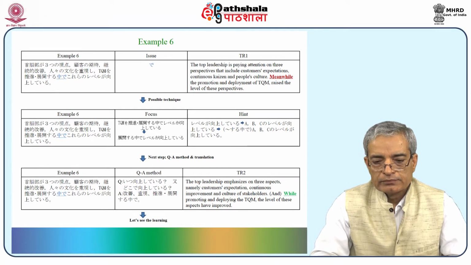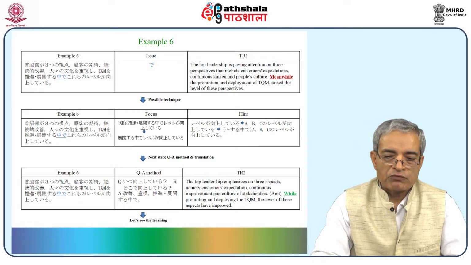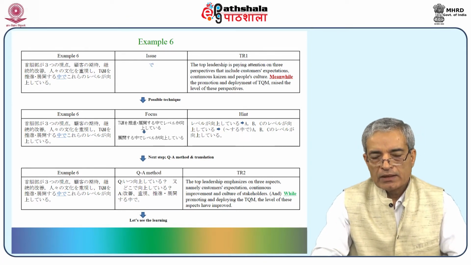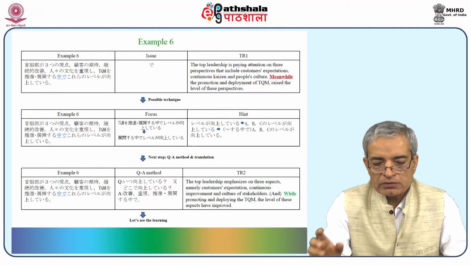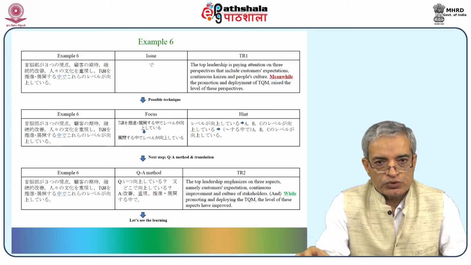While promoting and developing the TQM, the level of these aspects have improved. So the equivalence here is while for meanwhile, and the technique used was comprehension, TQM suishin tenkai suru naka de level ga kōjō shiteru, through the question answer method.